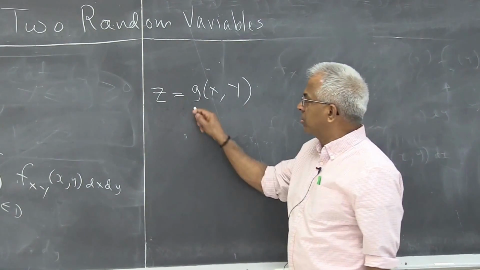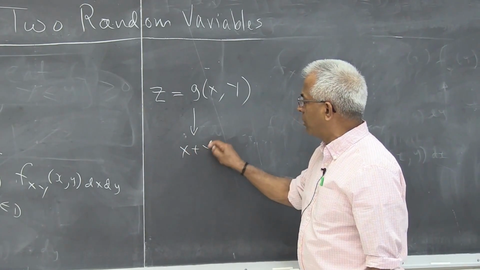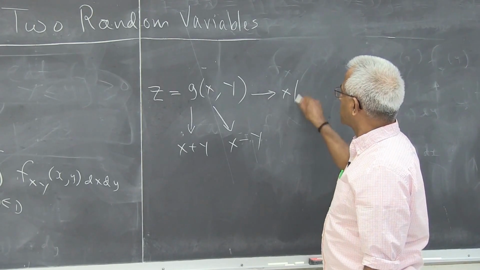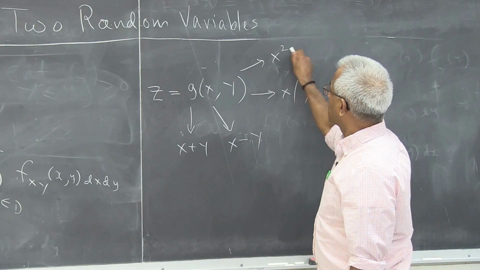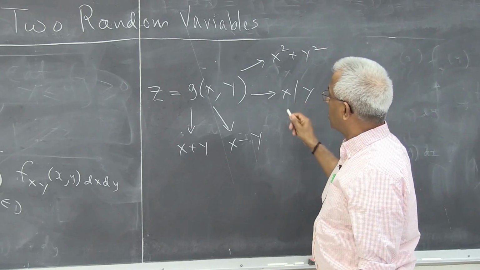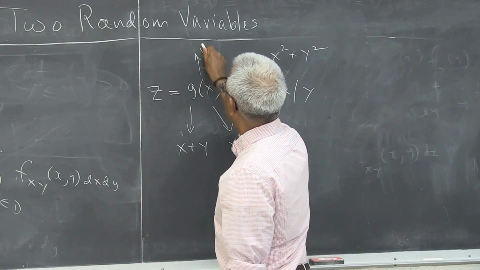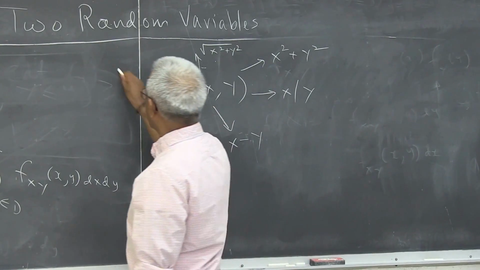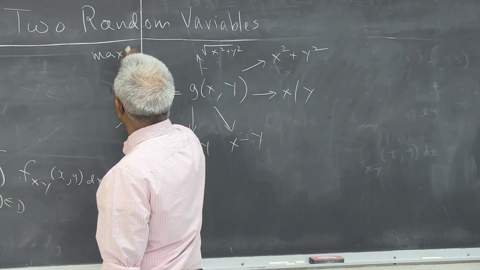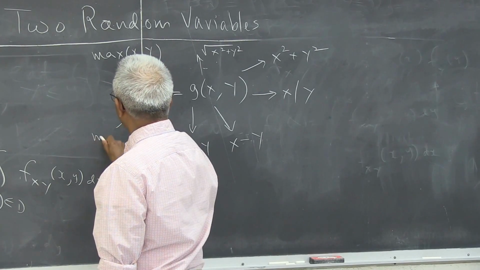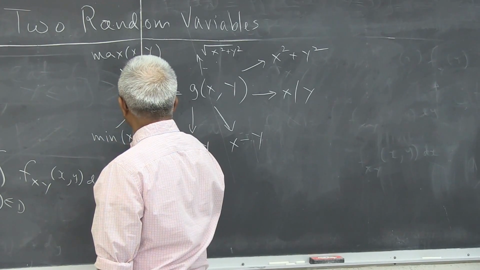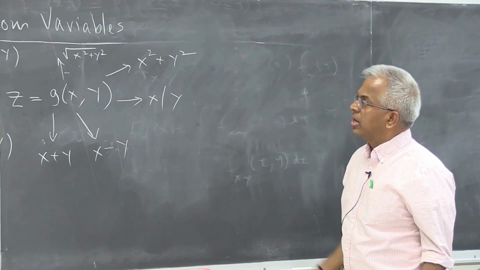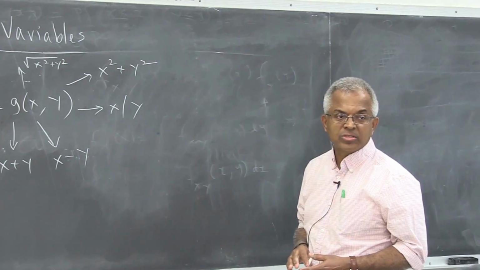The classic examples are z equal to x plus y, x minus y, x over y, x squared plus y squared, or the square root of x squared plus y squared, or the order statistics: max of x comma y, min of x comma y, etc. We'll try to do a few of these problems, and both x and y could be continuous or discrete.